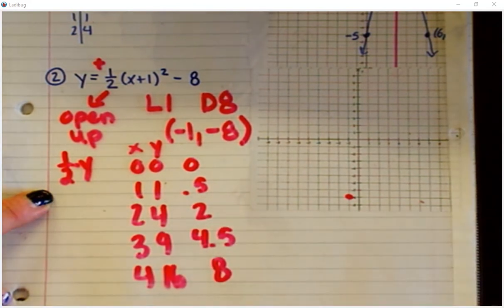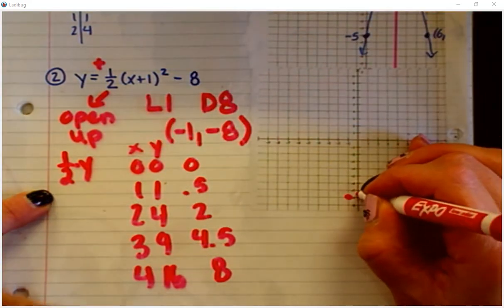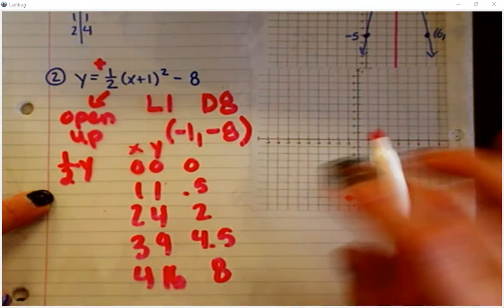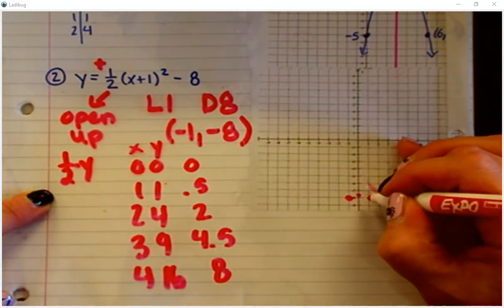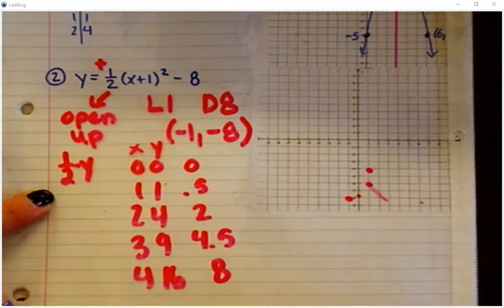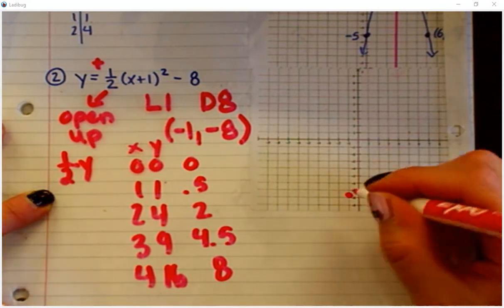Now, personally, I like to plot integers, but I'll show you all of them. So I'm going to open up. So over 1, up a half. Over 2, up 2, right? It's not up 4, it's up 2. It's half of it. Okay, so I'm counting from the vertex.